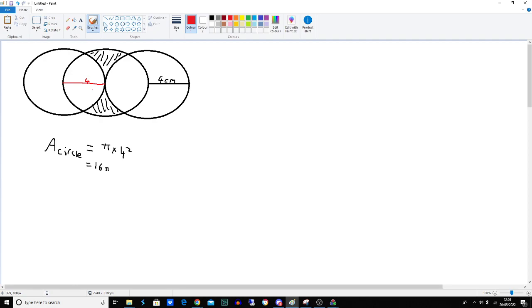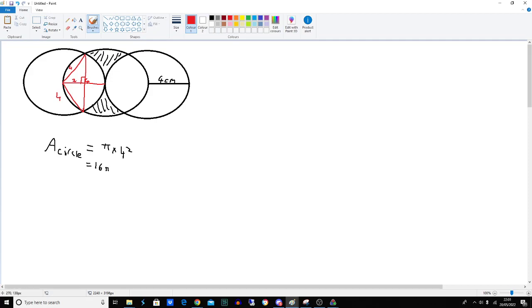Because it's a radius, that is 4 and that is 4. And when we connect them together, that's a bisector, and so this would be 2 centimeters. Make sense so far?